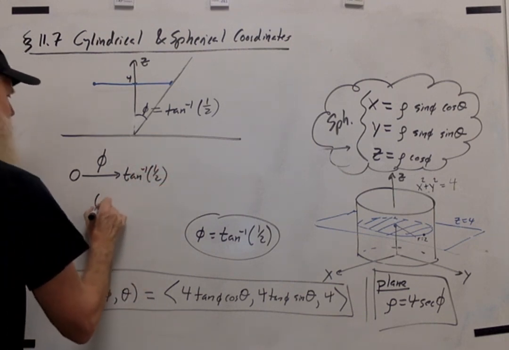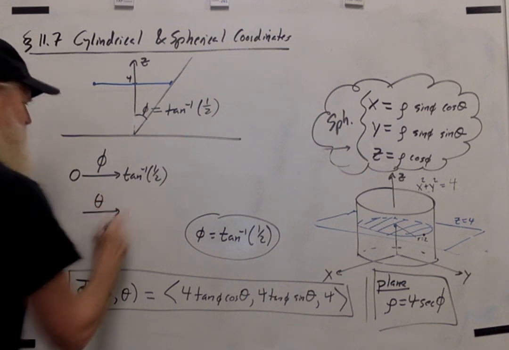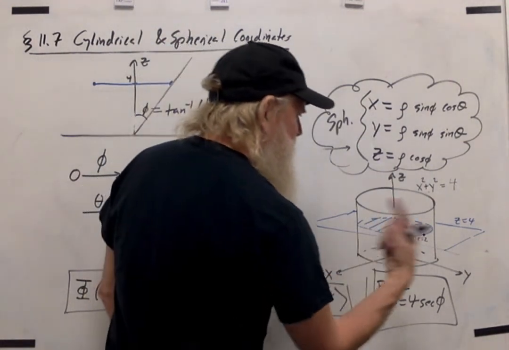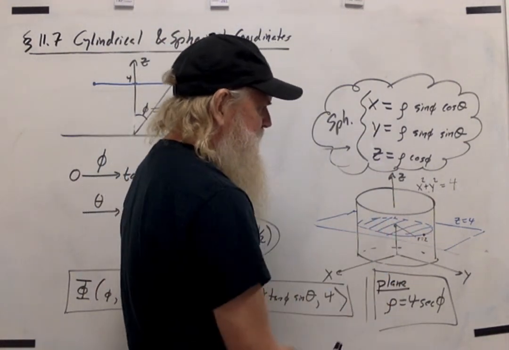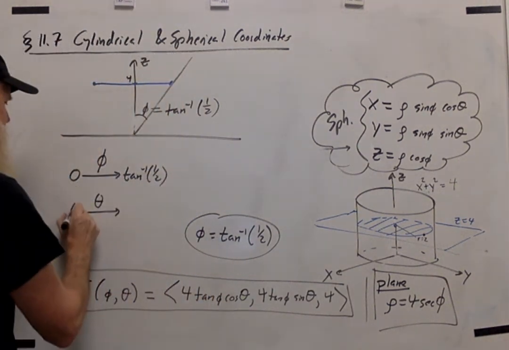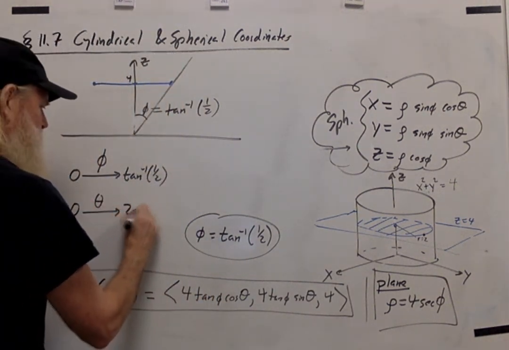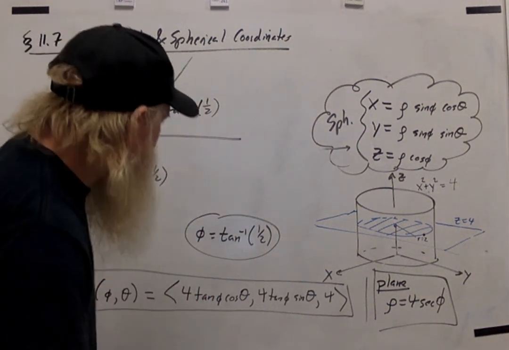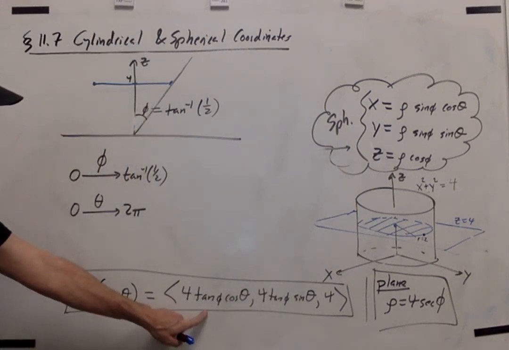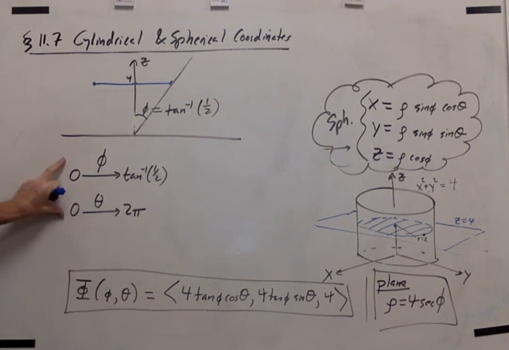Now remember, theta measures the same thing in spherical coordinates as it does in cylindrical coordinates. It measures this angle around the z-axis. So since I want to sweep out the entire disk, I'll let theta go from 0 to 2 pi. So this would be my parameterization, and these would be my bounds on phi and theta.